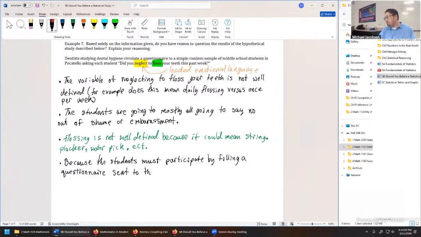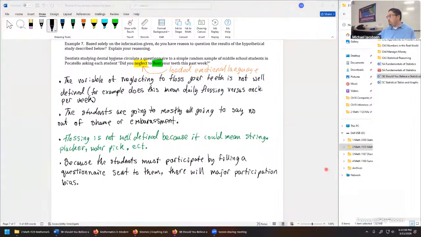Sent to them. There will be major participation bias. And oftentimes when it comes to these, people who do participate have a really strong opinion, but maybe in this case, if it's dental hygiene sent to middle schoolers, the middle schoolers that did participate, maybe they were just bored and they had nothing better to do than fill out the questionnaire saying either yes or no to it.